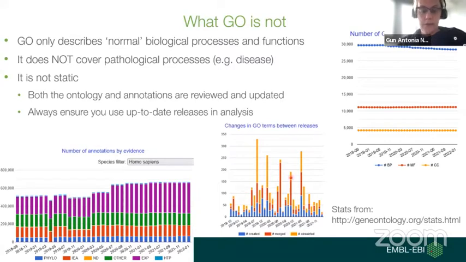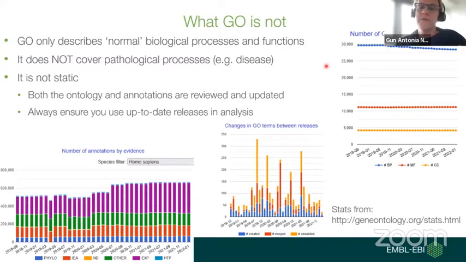Similarly, the GO ontology is updated as well. Terms may be obsoleted, which are shown here in orange. They might be merged with each other, which is shown in red here, and new terms in blue are also created. So it's a very organic thing, I suppose.